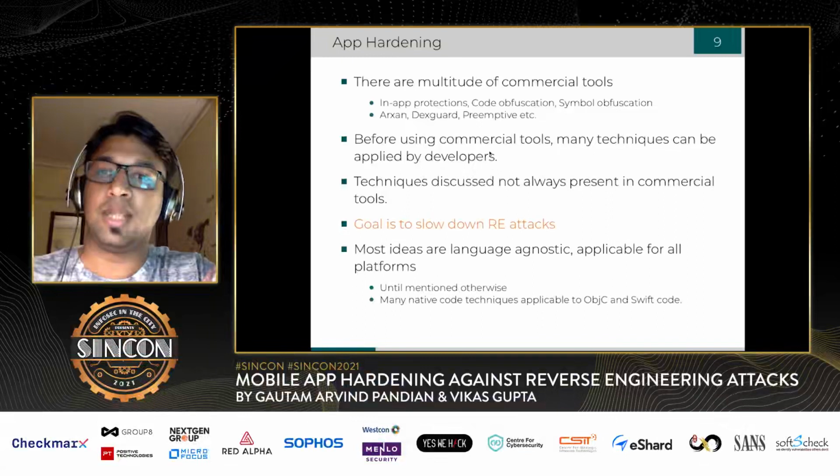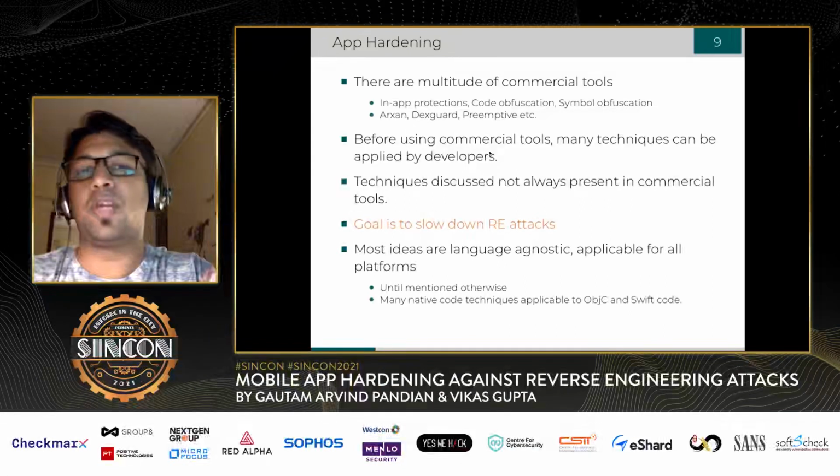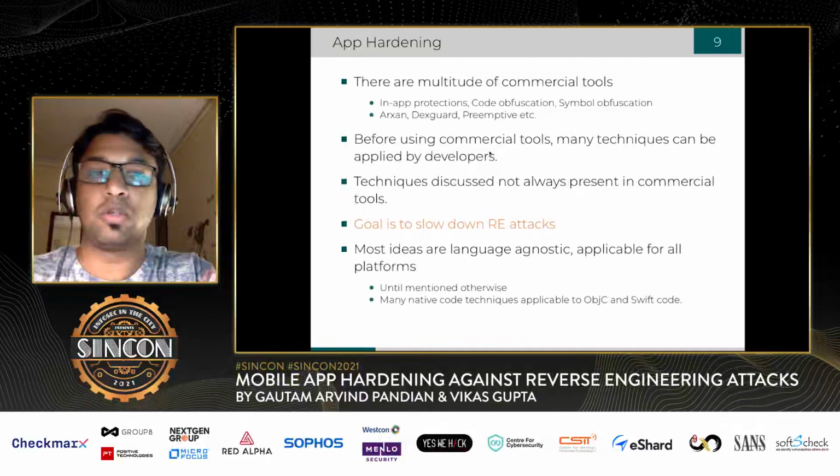We will be using examples from certain languages like Java or Objective-C, but you will see that the overall theme is applicable even if you're developing in some other language, such as Swift, Kotlin, or even C# using Xamarin. So the ideas are still applicable.